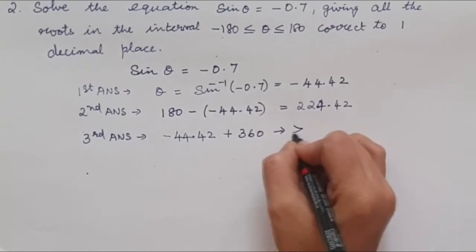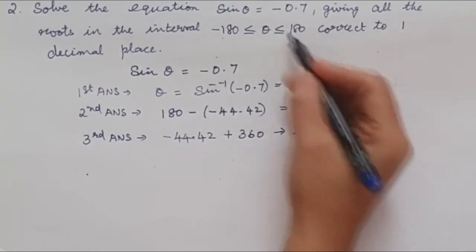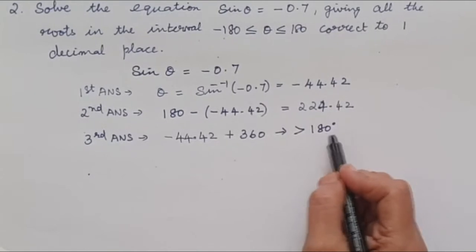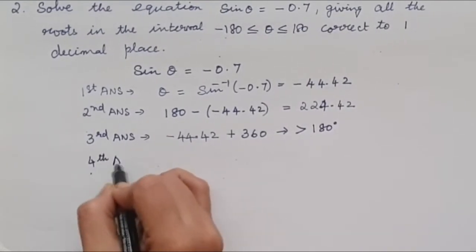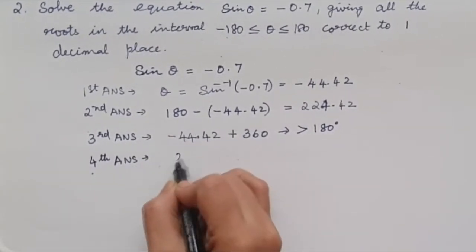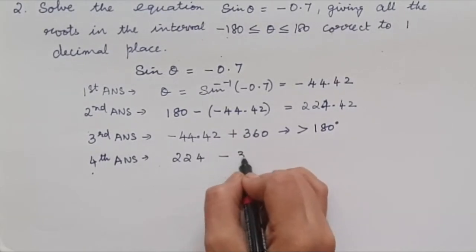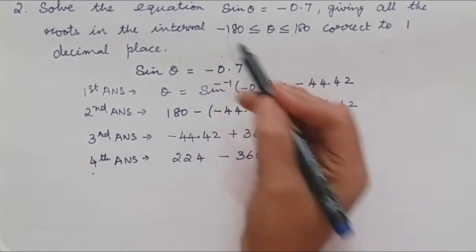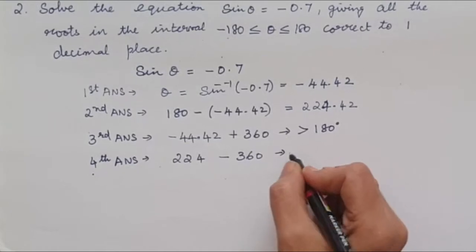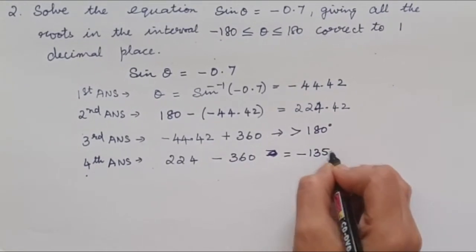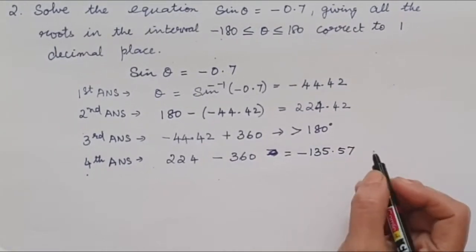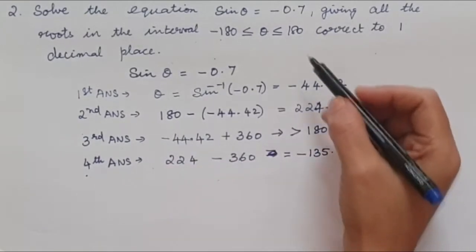This is automatically greater than 180 degrees, so it is not in the range. So let us not find it. Fourth answer is 224.42 minus 360, because we are going to the negative value. So this will be equal to minus 135.57.